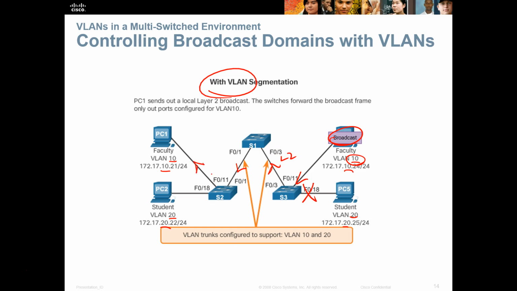It would continue out any port that's on VLAN 10, but would not be able to enter VLAN 20. So it's a way to break up your broadcast domains into multiple VLANs without requiring additional physical runs. This is one physical network where you actually have one physical cable between these devices, right? But you still have segmentation of your broadcast domains by VLAN.